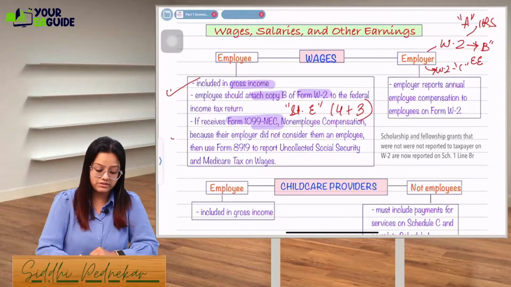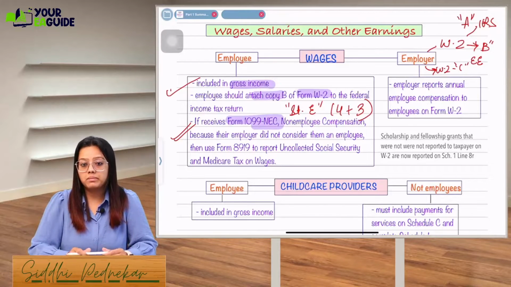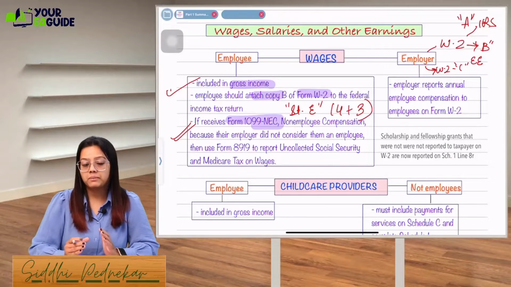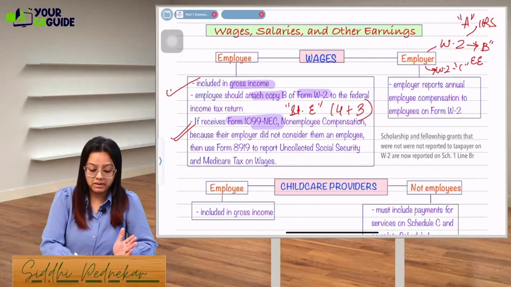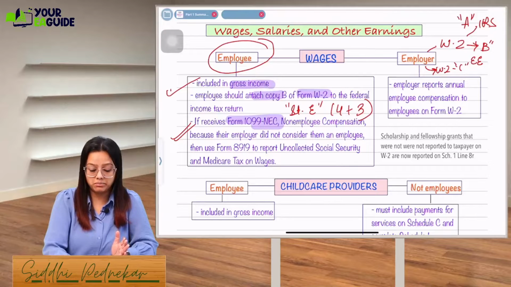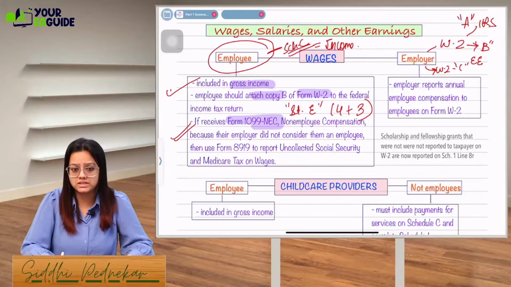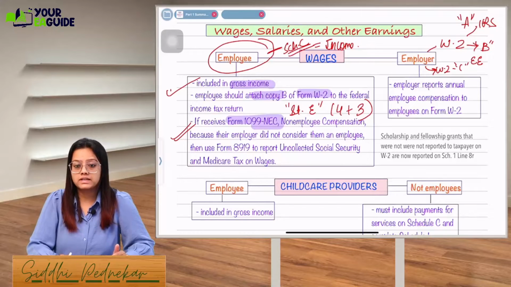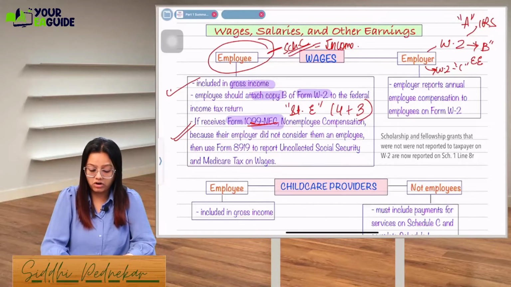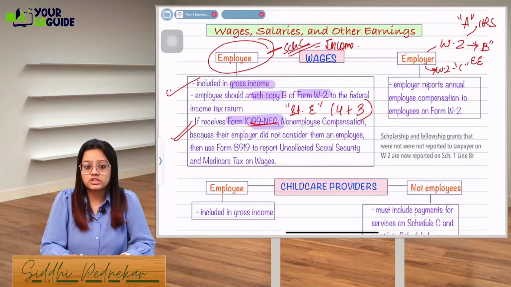Third thing is, if you receive a 1099 NEC, it will be non-employee compensation. It will be reported by the employer to the employee, but the employee will not include it on the W2 form, but it will be included on Schedule C as income. What is Schedule C? Schedule C is related to business income, right? And because their employer did not consider them as an employee, they might not have deducted social security or Medicare.